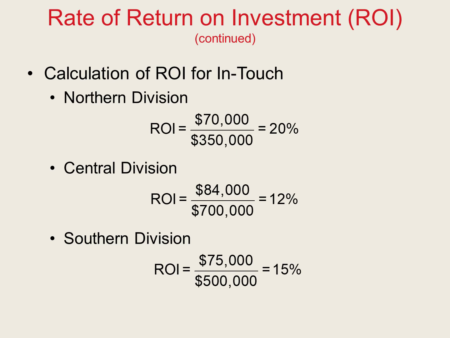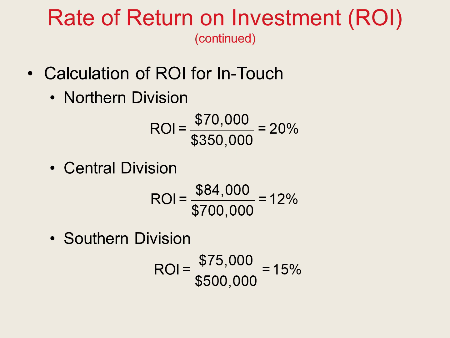Calculating the return on investment, the numerator is our net income for the division, and the denominator is the contributed capital. The Northern Division, $70,000 divided by 350, gives us a return on investment of 20%. The Central Division is 12%, and the Southern Division is 15%.